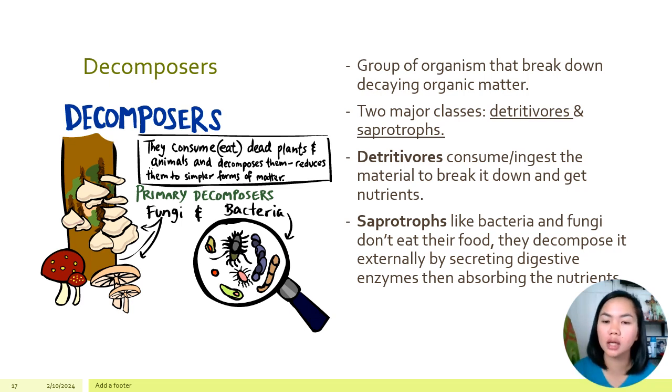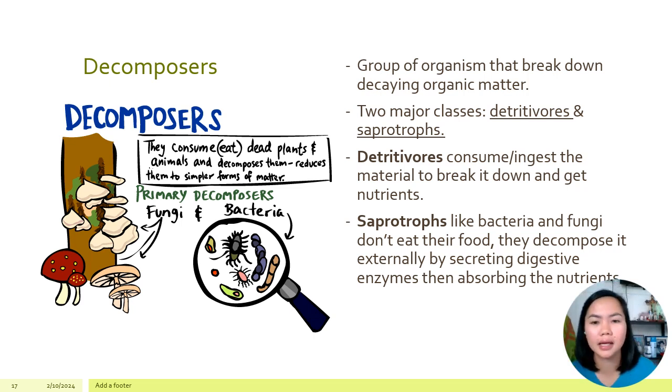Instead of the fungi eating the log themselves, what they do is they secrete digestive enzymes, meaning they produce digestive enzymes in their body, and when they secrete those onto the dead log, eventually the log softens. Okay, so it decomposes. That's the time when they will actually absorb the nutrients from the log that has already softened and decomposed. So that's the mode of nutrition for saprotrophs.